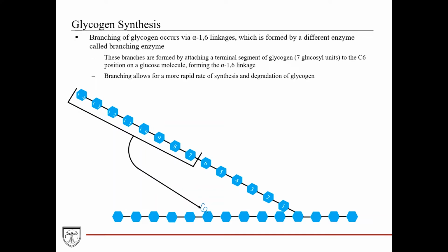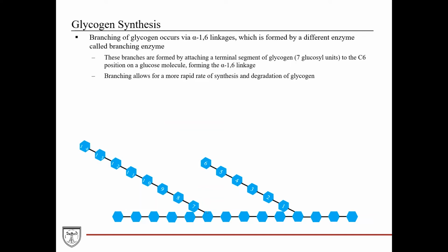Could be on the same chain as we're going to show here on this diagram, could be another chain as well. So you've moved it to here, and you've created a new 1,6 linkage here. Now you can continue to grow this branch, and you can continue to grow the primary chain as well.